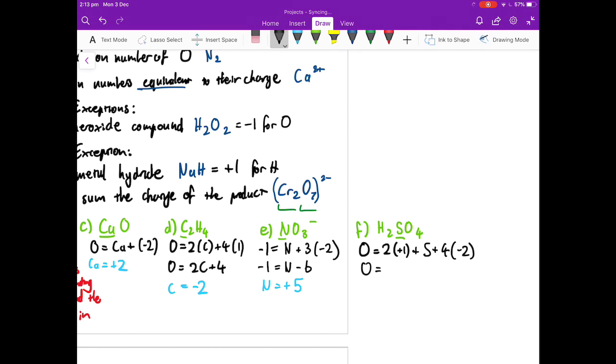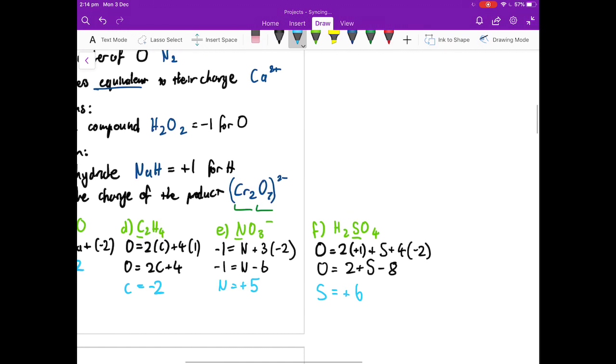Then we're going to get 0 equals 2 plus S - 8. And so our oxidation number for sulfur here is going to be +6. There we go. So +6 is going to be our answer.